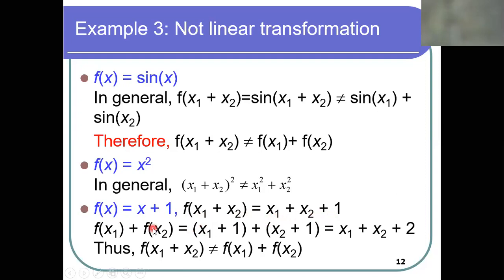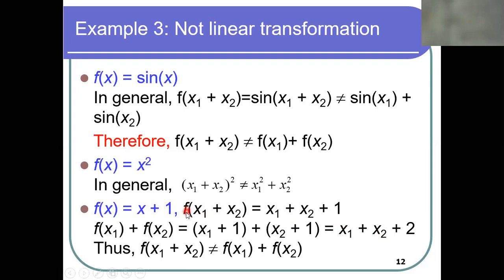So if you add f of x1 and f of x2, whenever you place x1 in place of x, you get f of x1 is x1 plus 1, and f of x2 is x2 plus 1. If you add them, you will get x1 plus x2 plus 2.